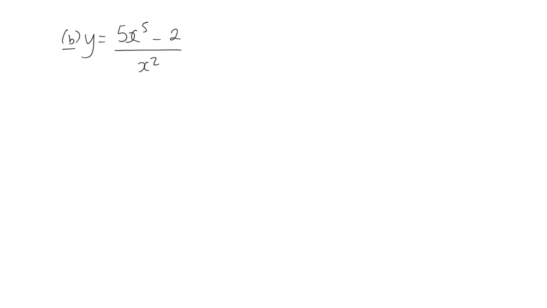And the last one then, y equals 5x to the power of 5 minus 2 over x squared. Again, we'll have to rewrite that. So the first thing we're going to do is separate it. And so both terms will be over x squared. So we're going to have that as 5x cubed. And I'm going to bring this up.